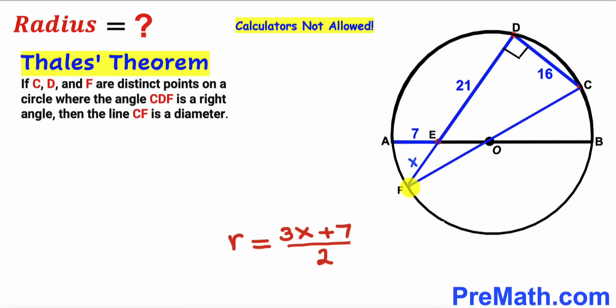So no wonder this CF line is going to be our diameter, and that is going to pass through the center O, since these points C, D, F lie on the very same circle, and this is our 90 degrees angle.